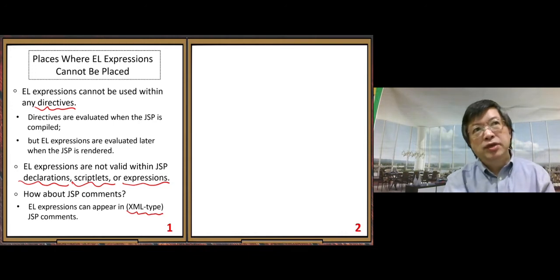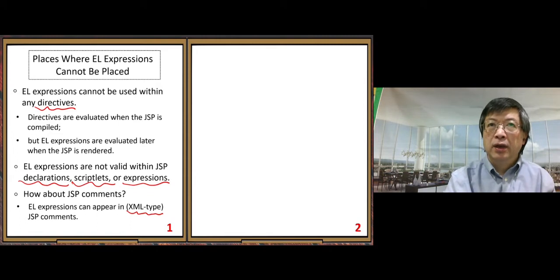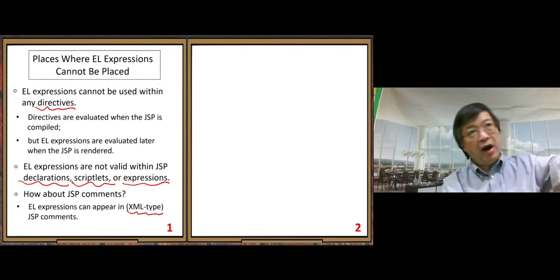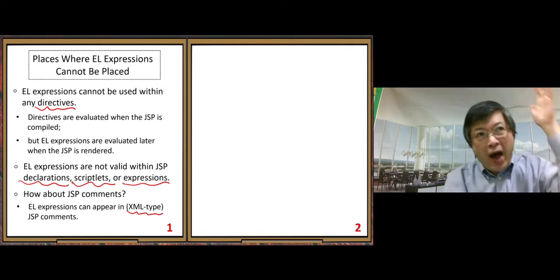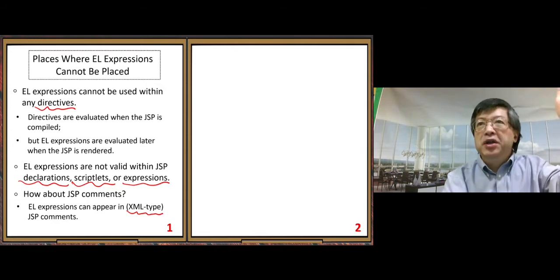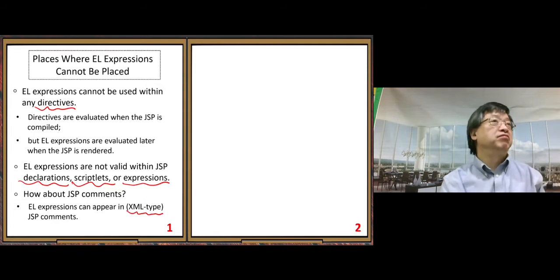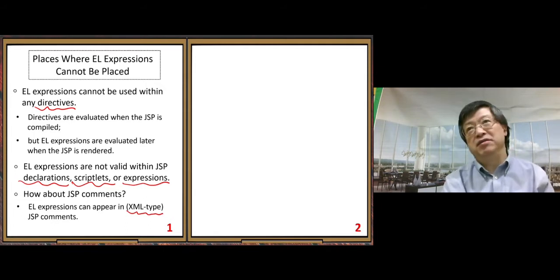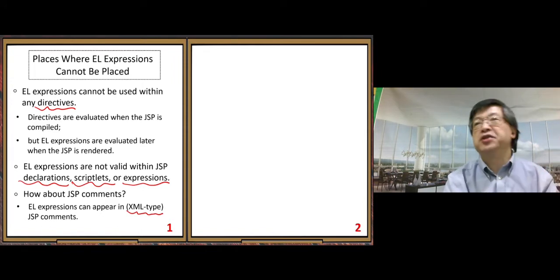Sometimes we want to put some comments there. That kind of special comments can connect to the HTML content, right? So that's a different environment, HTML environment. In that environment, EL can be used. So now you understand why almost, not all, this is an exception case.